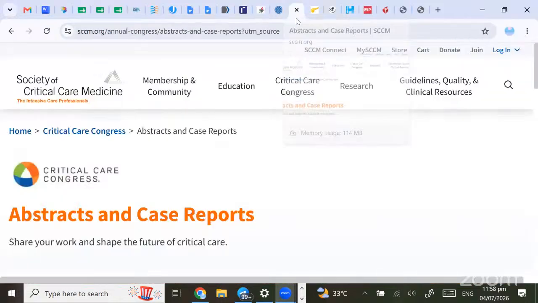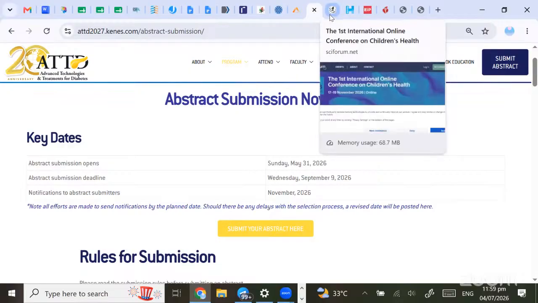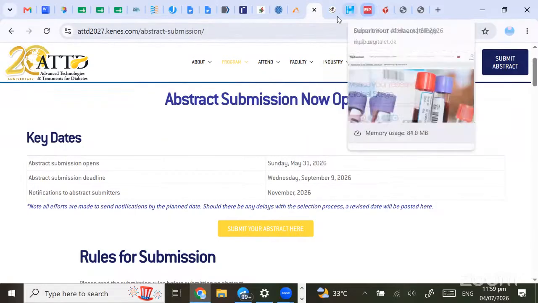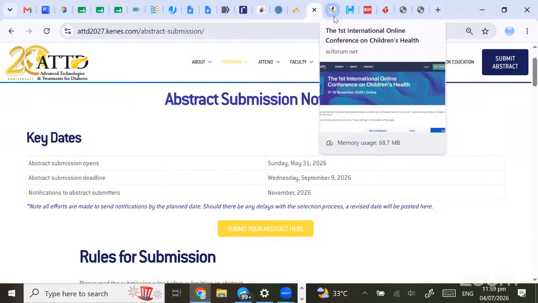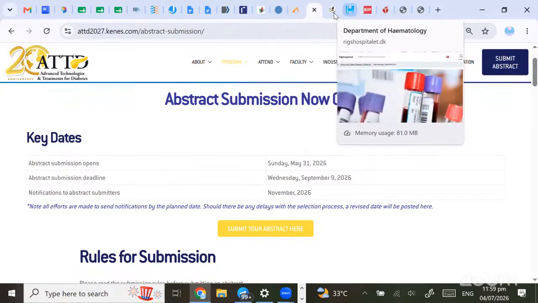And here also is a project about critical care medicine. And this will be about advanced technology and treatment for diabetes. And here we have two projects for pediatrics. All of these conferences give us opportunities for publication.